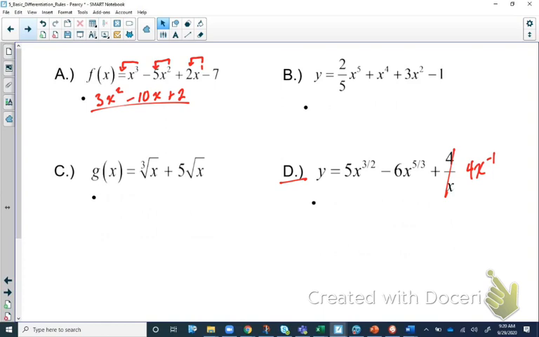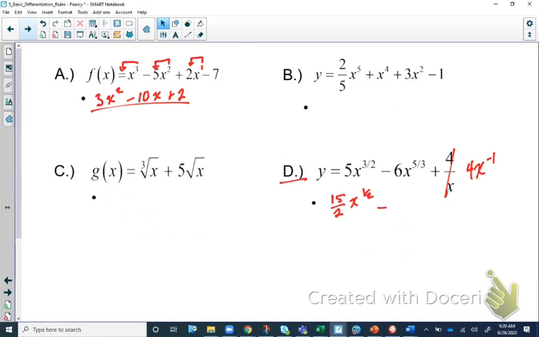And so now we're going to just start using the power rule on each piece. So the derivative of 5x to the positive 3/2 power is going to give me 15/2 times x. And when I drop that by 1, that'll give me x to the 1/2 power.